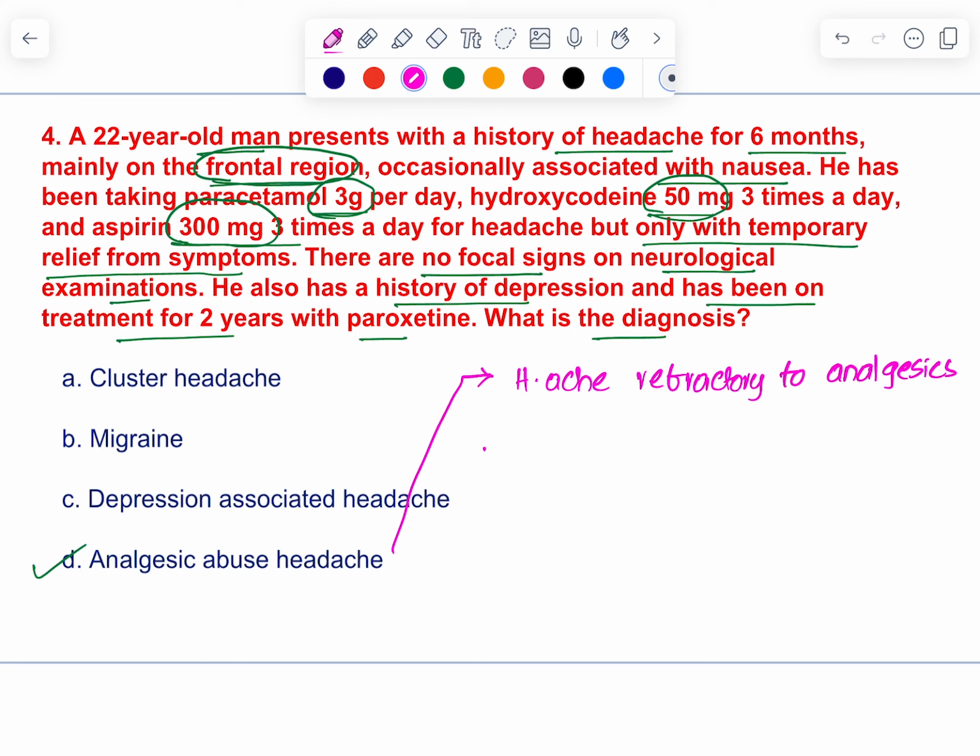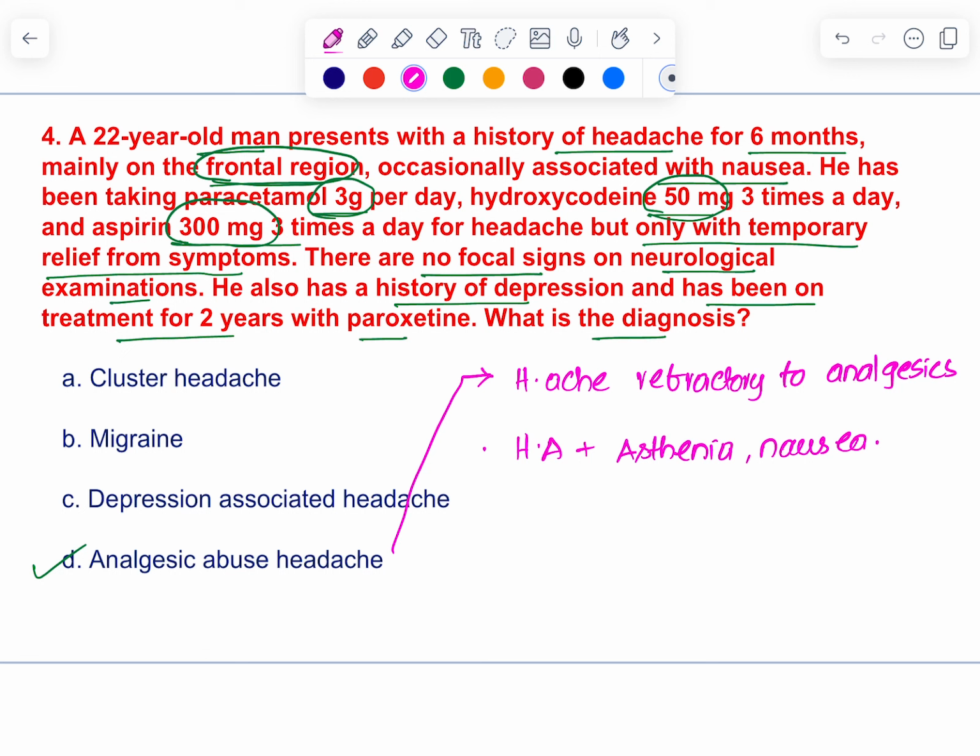And this particular headache of analgesic abuse is accompanied by asthenia, where there is weakness, and there should also be nausea. Along with headache, there should be asthenia as well as nausea. And other gastrointestinal symptoms can be there. What are those other gastrointestinal symptoms? Like profuse vomiting, abdominal discomfort, gastritis because of the analgesic abuse.